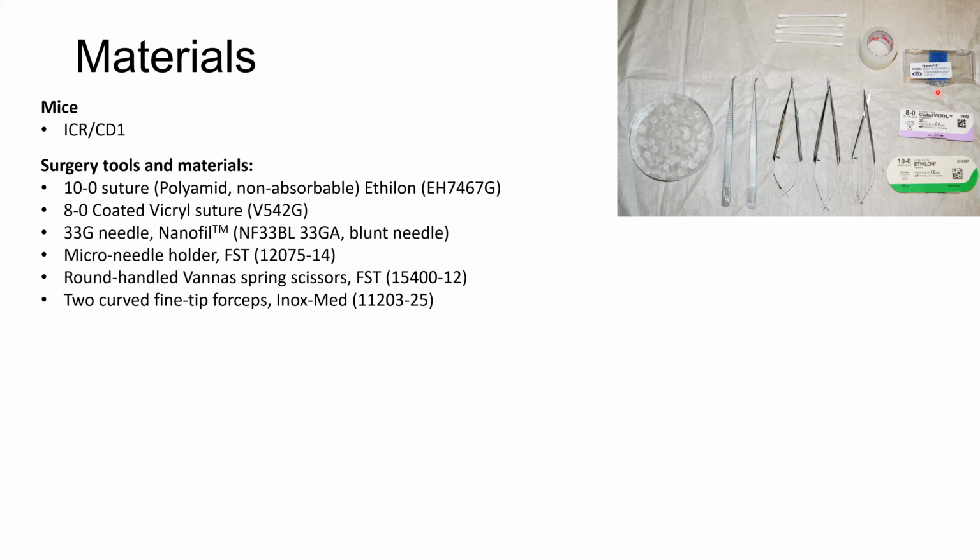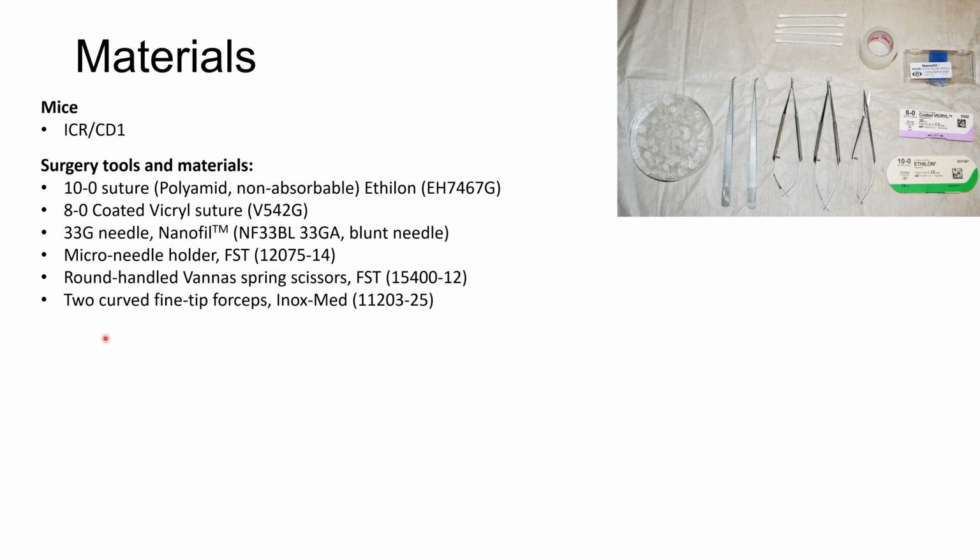A blunt 33G needle is used to constrict the aorta, and this surgery is optimized and the results are obtained using this size of needle. Keep in mind that using a smaller or larger gauge size will directly influence the degree of pressure overload induced and might influence the outcome of surgery as well as mortality.